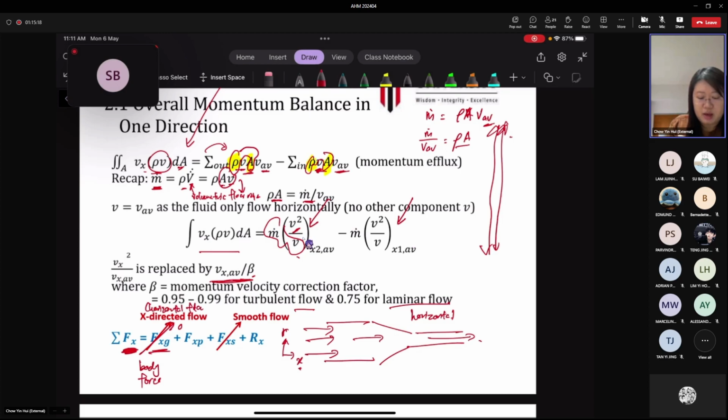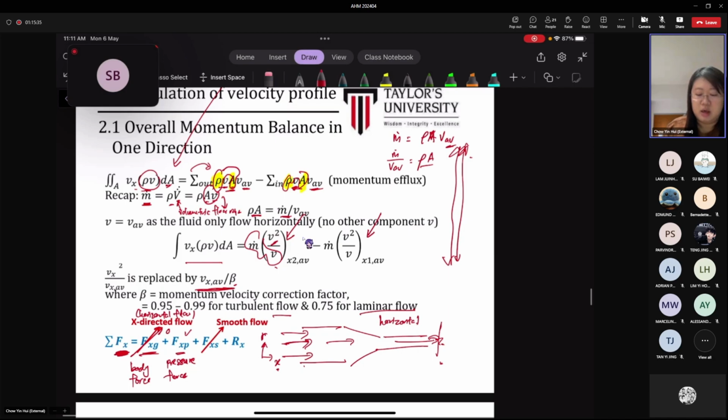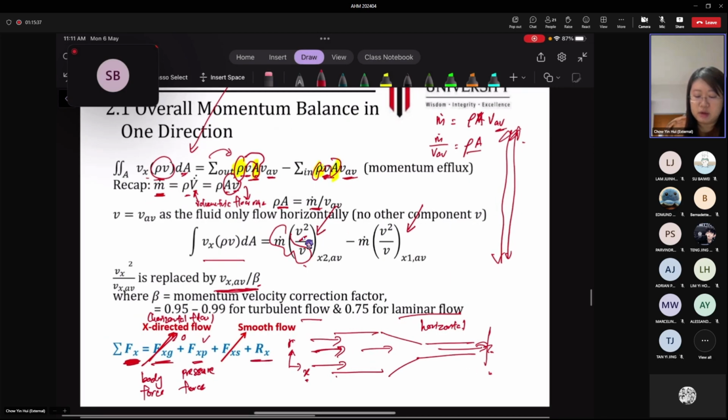So you can denote that here because it's horizontal flow. Okay, so definitely we'll need to consider the pressure force, because there might be something acting on it that causes the fluid to flow from this x equals 0 to this exit here. So the pressure force has to be considered. Okay, and then the solid surface force is due to the wall of the nozzle, so we will consider it when we are talking about the overall momentum balance.